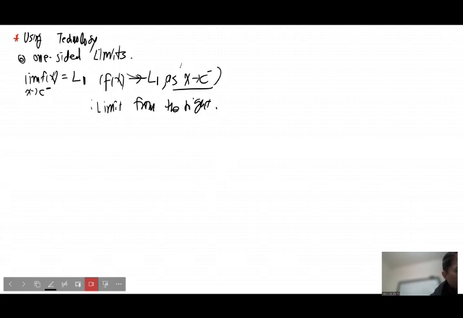And if function f(x) has another value L2 in case x approaches c from the positive direction, then f(x) becomes L2 as x goes to c plus.